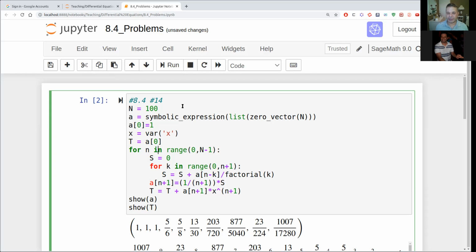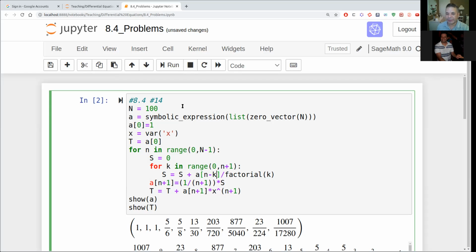Now I'm going to do the recursion. So basically I'm going to run through my list, my vector. Okay, and here's where I do it. This part here is just the little part that's the sum: k goes from 0 to n of a sub n minus k times 1 over k factorial.